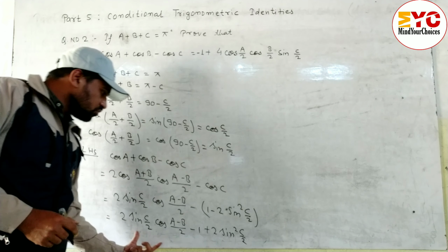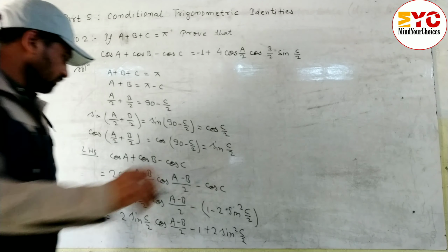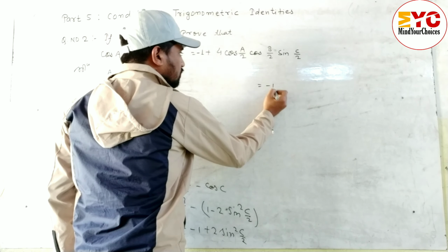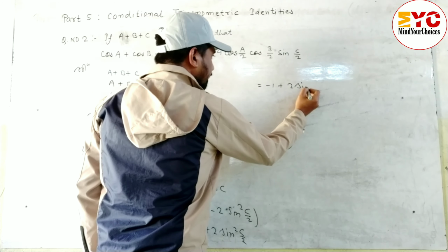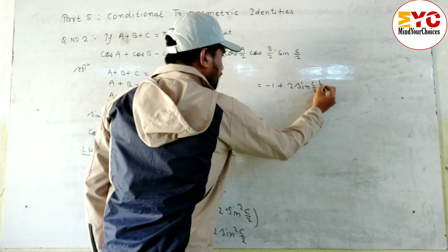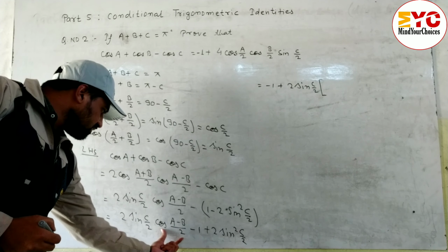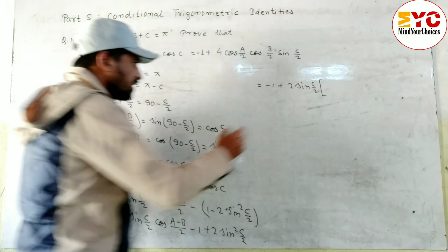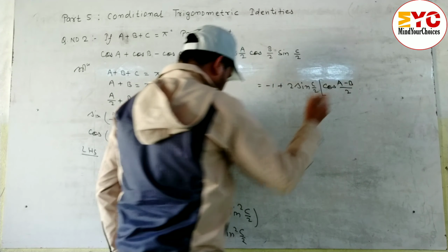Now from these two terms we have to take sin C by 2 common. So minus 1 written in front. After that plus 2 sin C by 2 common, and what is the remaining here? Remaining is cos (A minus B) by 2.